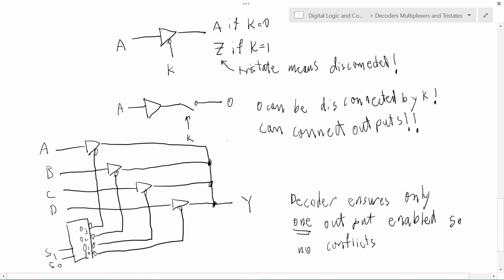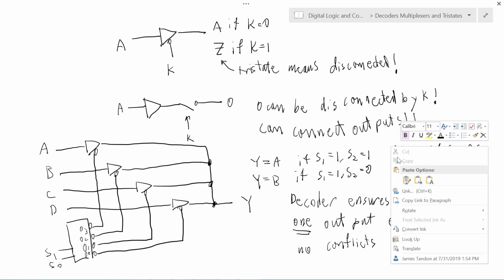What does this mean? Y will equal A if S1 equals 1, S0 equals 1. Y equals B if S1 equals 1, S0 equals 0. Oh, I'm marking S2 here.